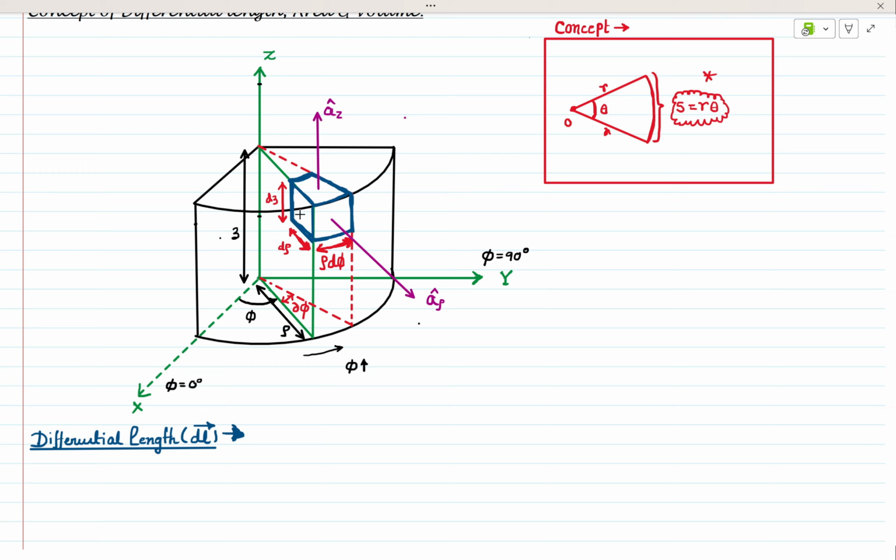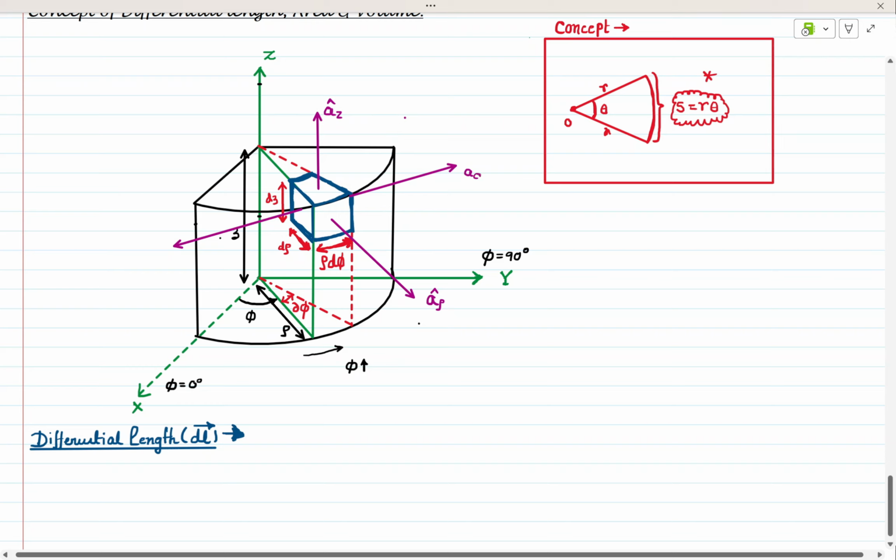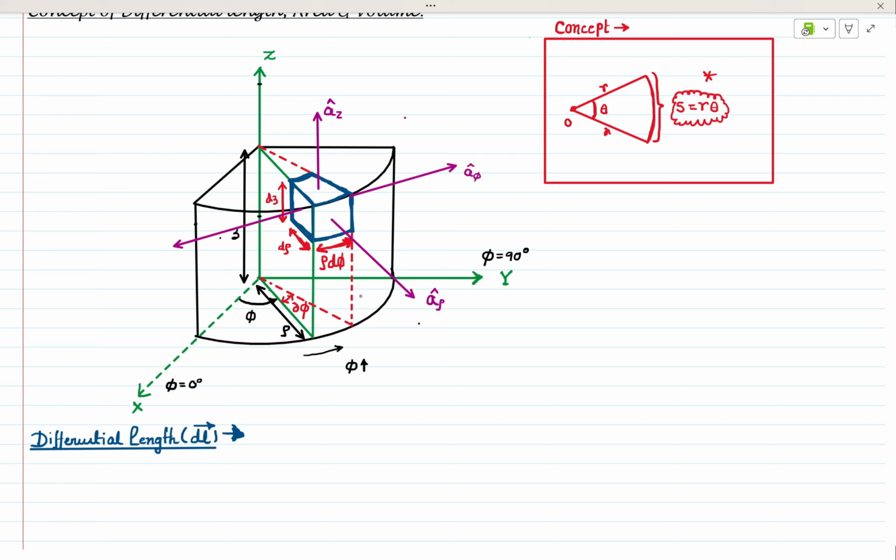And the direction of phi: the actual direction of phi is this, because the phi angle starts at x equal to 0 and goes towards y, above the xy plane.